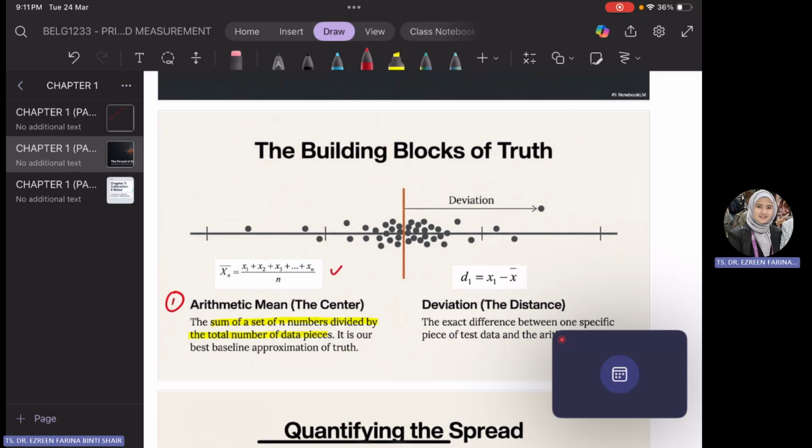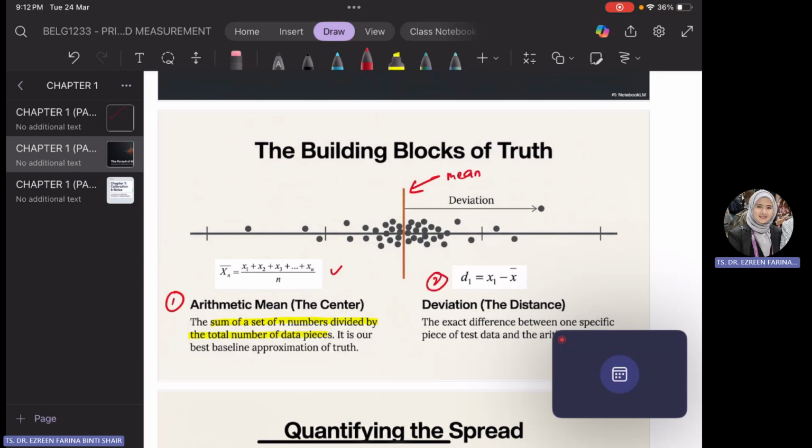If you look at the figure in this slide, you have several data points. To calculate the arithmetic mean, you need to add all the points and divide by the total number of data. After you calculate, you will get a value which we call the center, or the arithmetic mean.